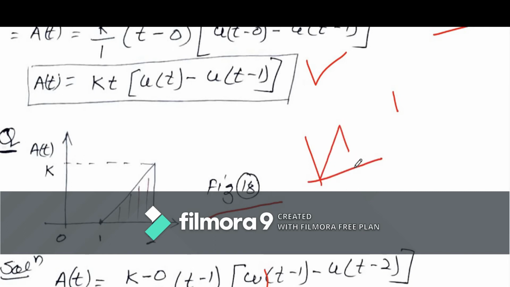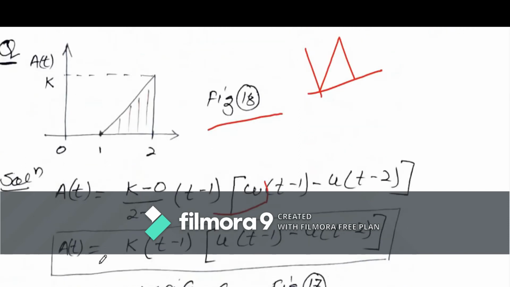So again we can write down the expression for this. You will write based on the GS formula as already I have explained. A of t is, first of all you will write down the slope. For this line, what is the slope? y2 minus y1, k minus 0 upon 2 minus 1, it will be k.